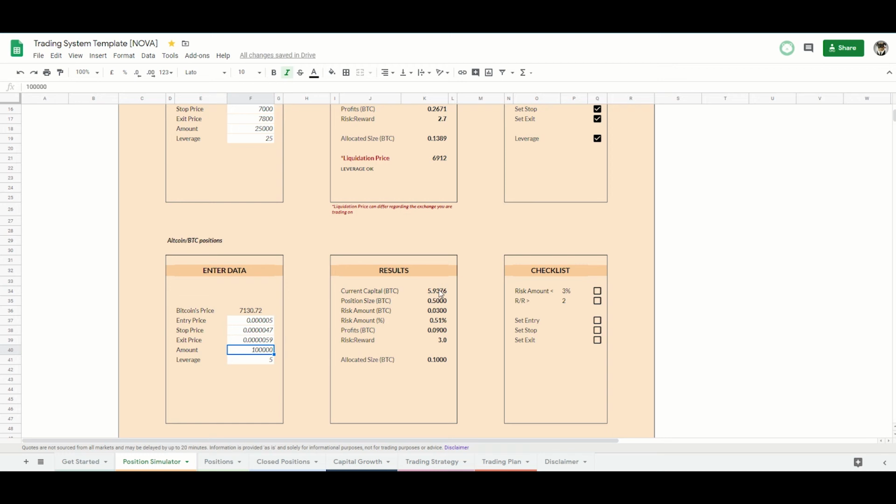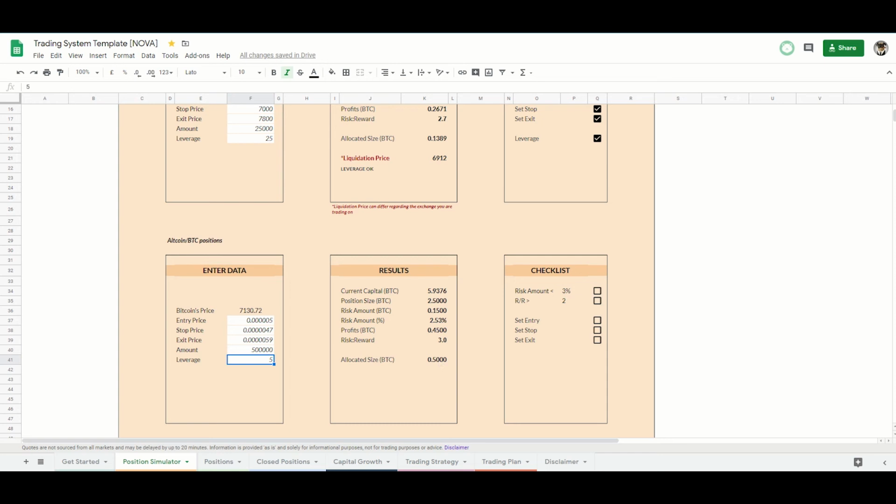So here we have a risk amount of 0.5, which is too low, so I'm going to raise this amount by 5 times. I'm going to risk 2.5% of my current capital, which is 5.9 BTC. The allocated size of this trade is 0.5 BTC, which is correct.